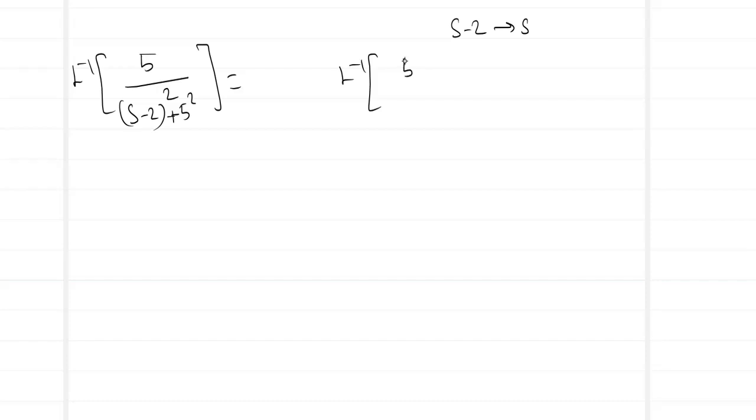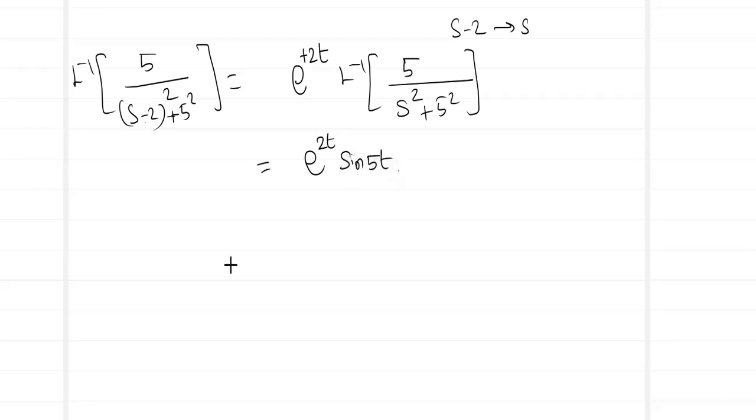I will be having 5 divided by s square plus 5 square. But this shrinking will move this outside as exponential. Since it is minus, you will have positive 2t. Hence, this is nothing but e power 2t, and 5 by s square plus 5 square makes it sine 5t. Hence, this will be my final answer.